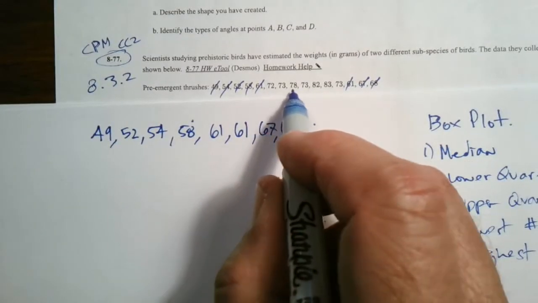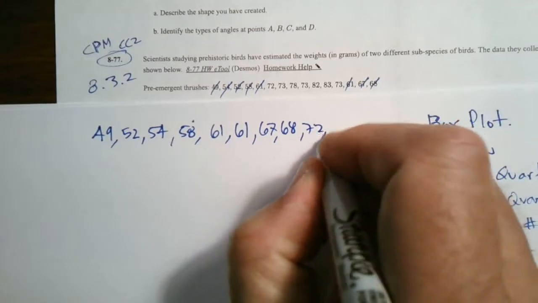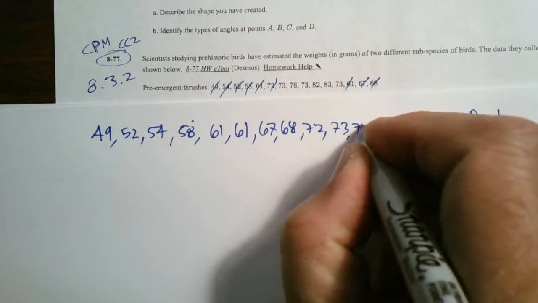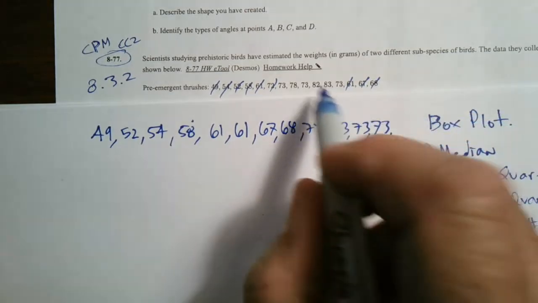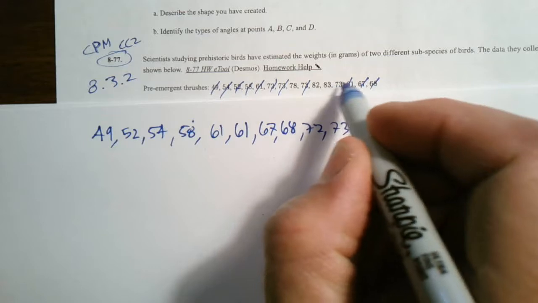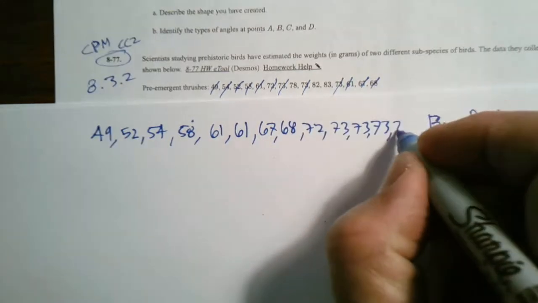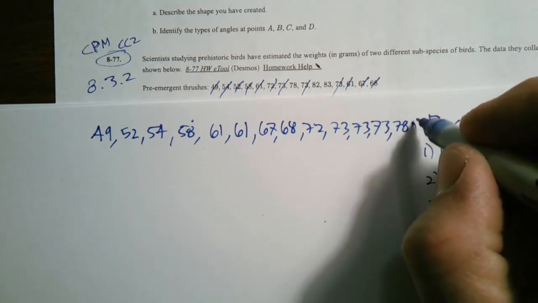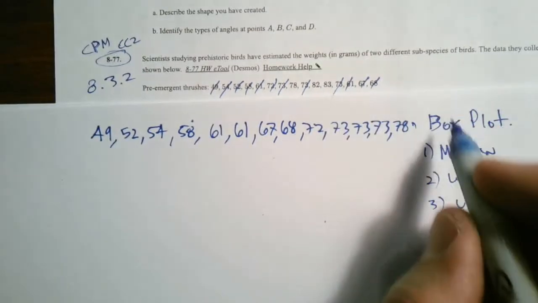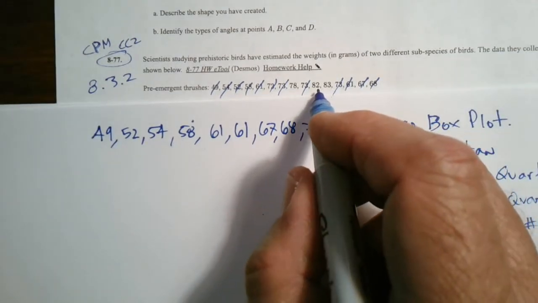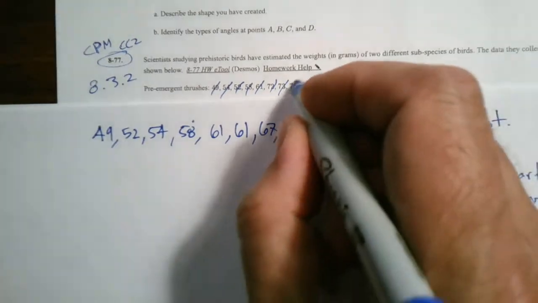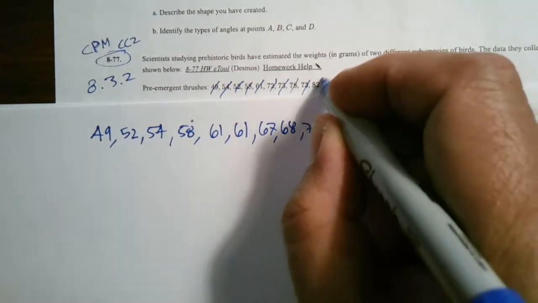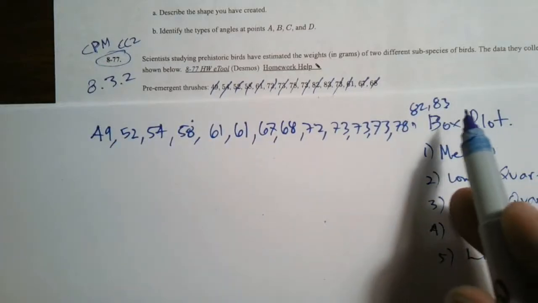I'm in the 70s. I have a 72. And then I have 3 73s: 73, 73, 73. Oh, I'm going to run out of room here. And then I've got a 78. Uh-oh, I'm going to have to take my data up this way. 78, and the next one after that is the 82, then 83. There we go. Sorry about that, but there's our data in order.